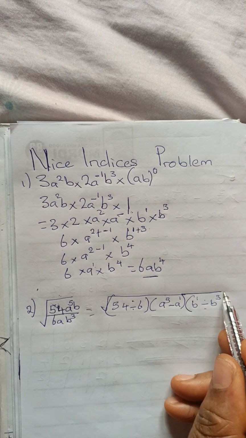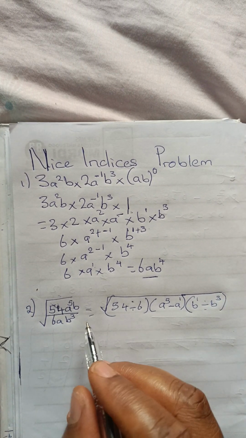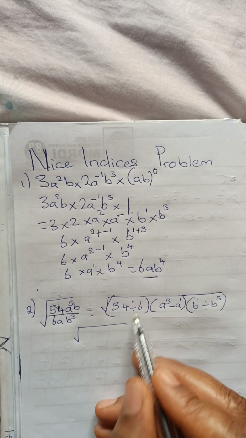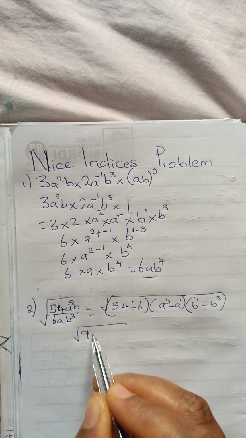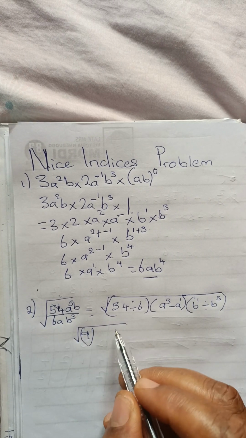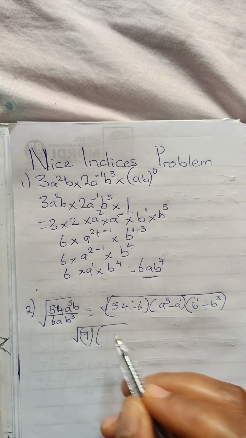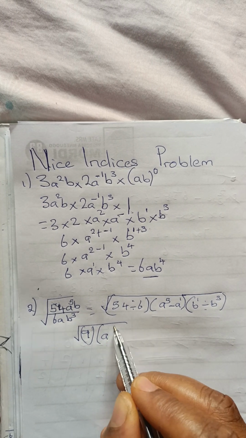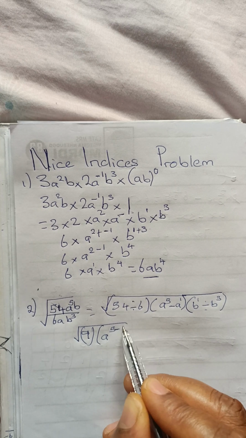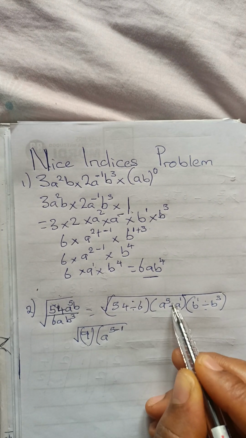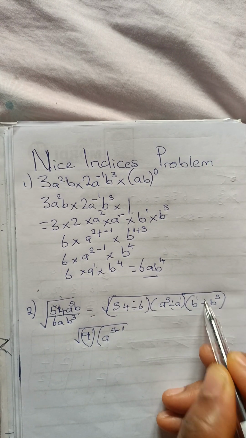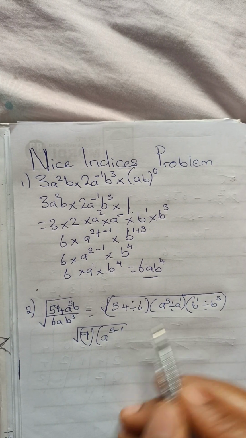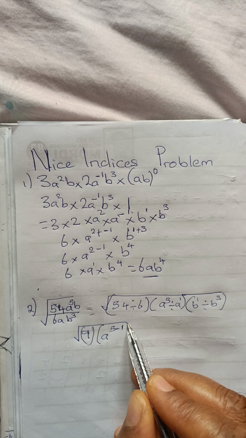So now when we have this, close our brackets. Now when we have this, it becomes this divide this is actually 9, in bracket 9. Then in bracket, we take 1a. So it's a 5 minus 1. Division is turned into minus 5 minus 1. That is it for that one.